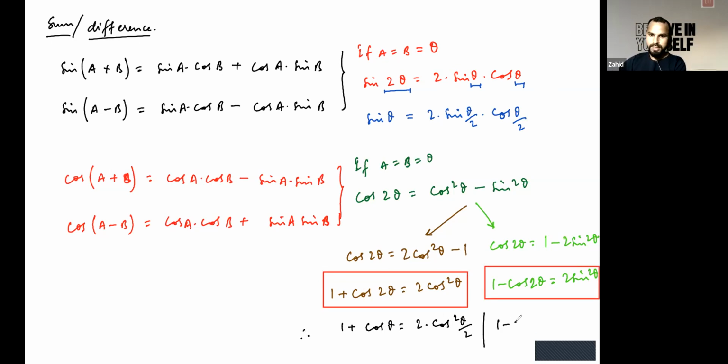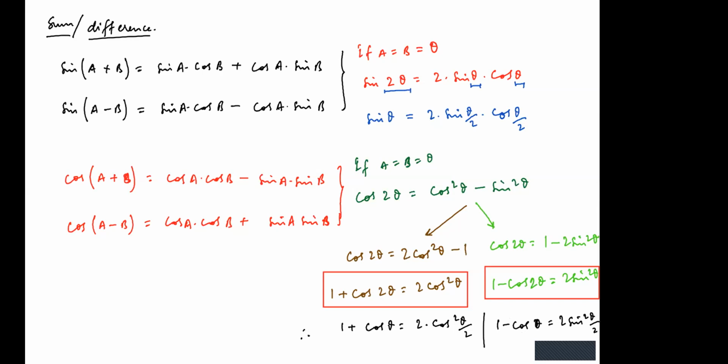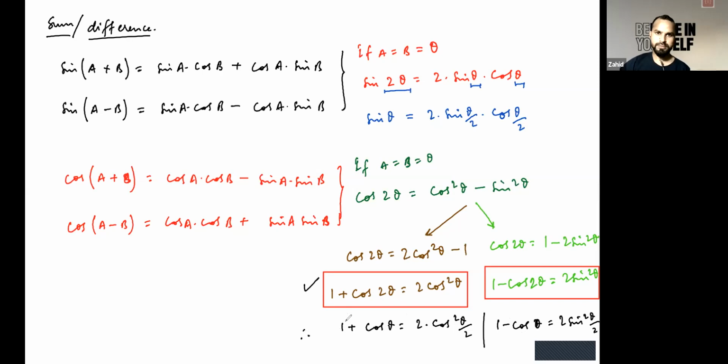Similarly, 1 minus cos theta equals 2 times sine square theta by 2. Is it clear till this part? Yes, sir. So just remember this part and this part. These four formulas will help you a lot in the vector chapter. Just write it down.